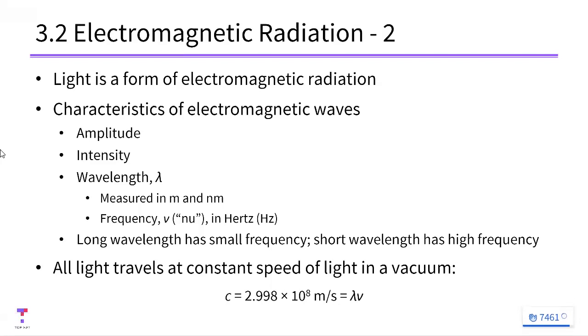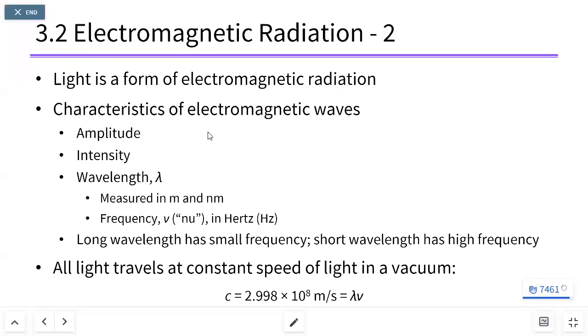And of these things, the most relevant to us is the idea of light. Light is a form of electromagnetic radiation. We'll talk about a broad scope of electromagnetic radiation later on. But we have three main dominant characteristics. Amplitude. Amplitude refers to the intensity of light.